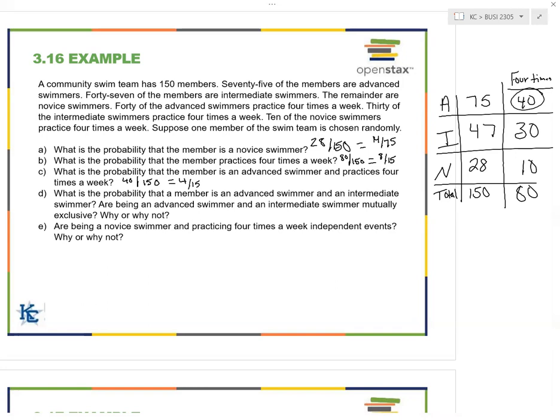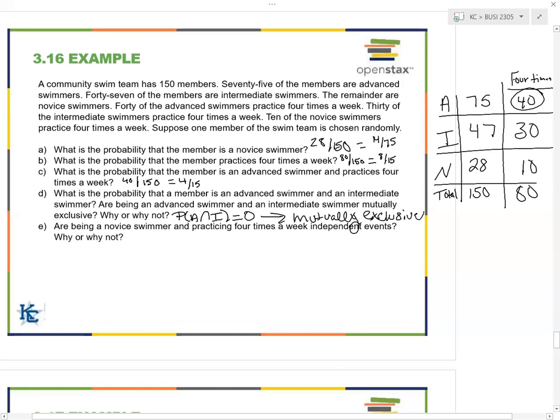Are being an advanced swimmer and an intermediate swimmer mutually exclusive? Why or why not? The probability of being advanced and an intermediate swimmer is not possible, right? You're either advanced or you're an intermediate swimmer. So the probability of advanced intersect intermediate equals 0, which lets us know that this is mutually exclusive, because that's the rule for mutually exclusive.